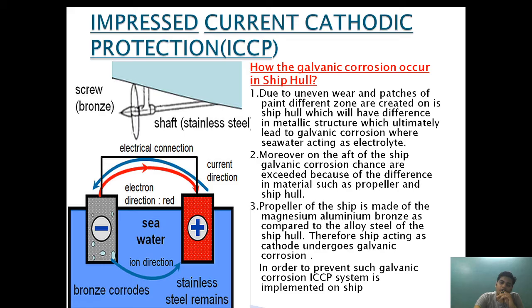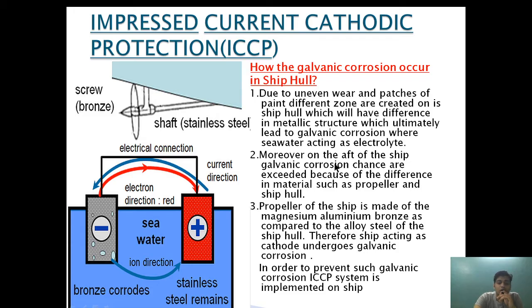But in the front and in different parts of the ship, because of different forms of corrosion, such as water erosion and wave erosion, the paint at some points gets eroded, and therefore different zones are created in the metal, and hence again small patch form galvanic corrosion occurs.